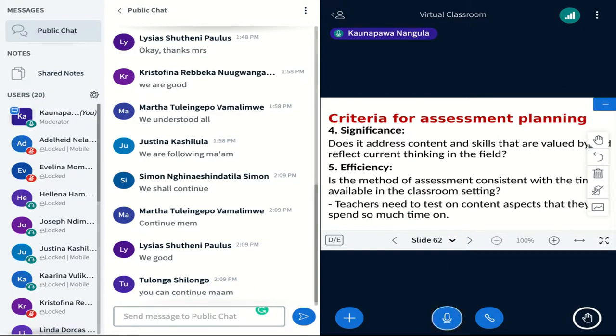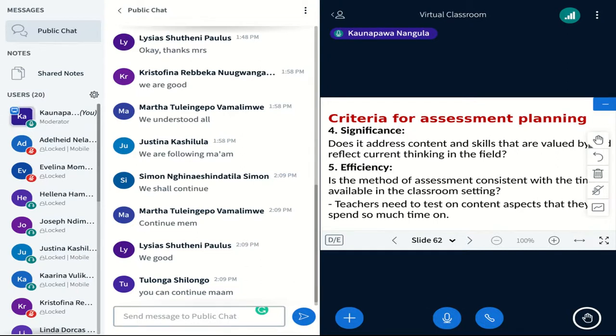And then number 5 is efficiency. Are the methods of assessment consistent with the time available in the classroom setting? For example, when you know that you only have one lesson left, it might not be a good idea for you to give them a research project that will not be covered.